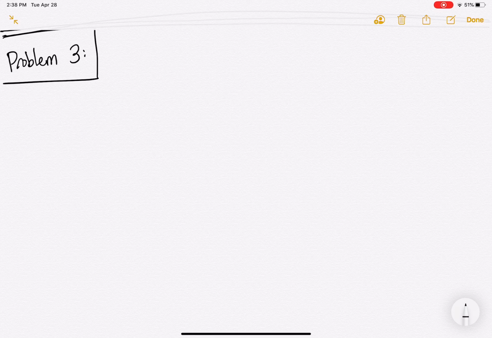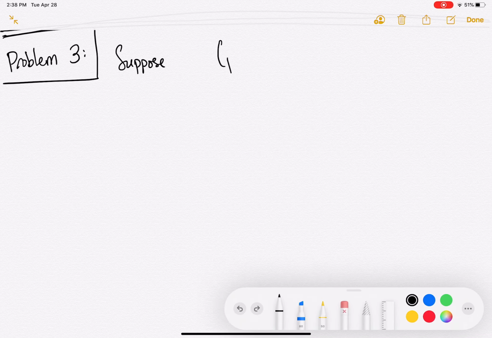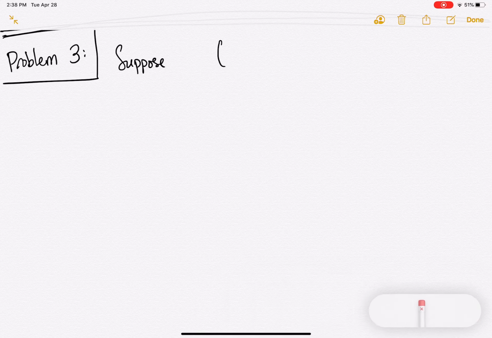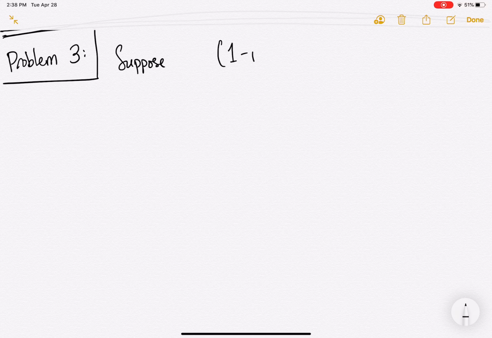Problem 3 says, another implicit differentiation problem. Suppose (P minus 1)(1 minus P) and (Q minus 1) equals PQ.